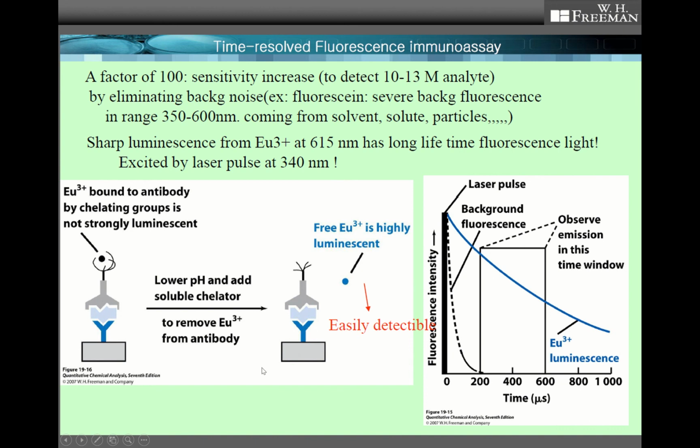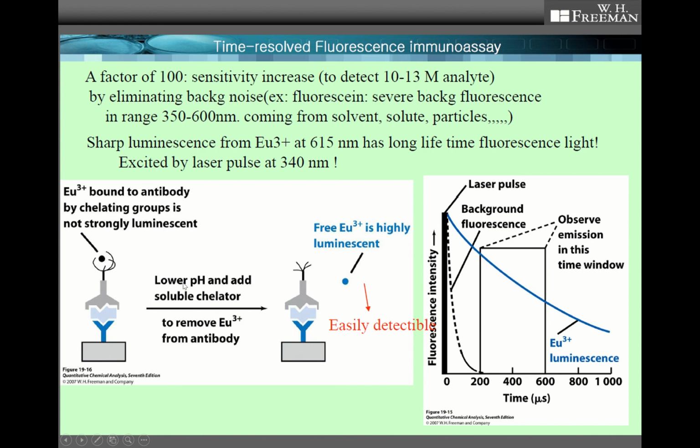This is an actual application. This part is the same as ELISA. But instead of using an enzyme, in this case you bind a chelating group here. This is not an enzyme. This is a chelating group, and it binds the europium ion. As long as this europium ion is bound to this chelate, it is only very weakly luminescent.